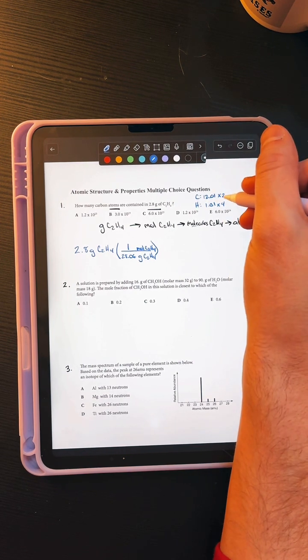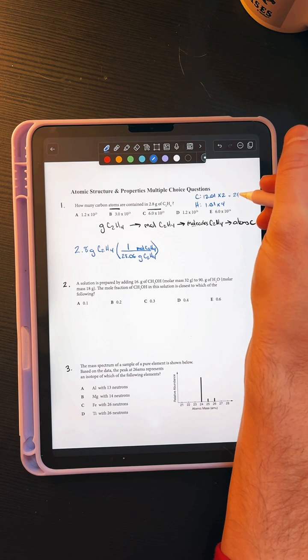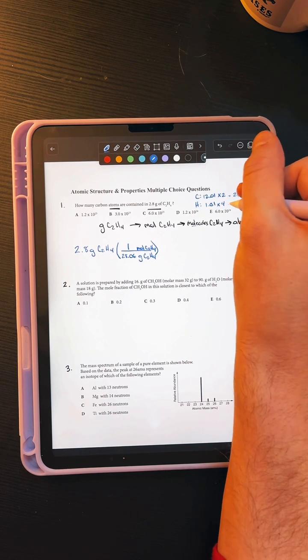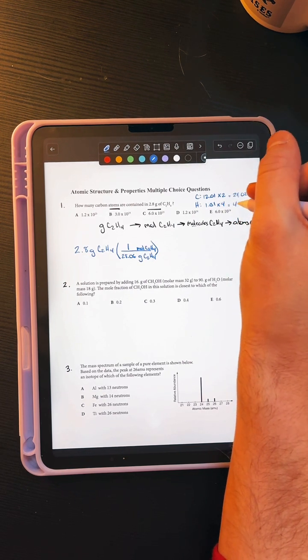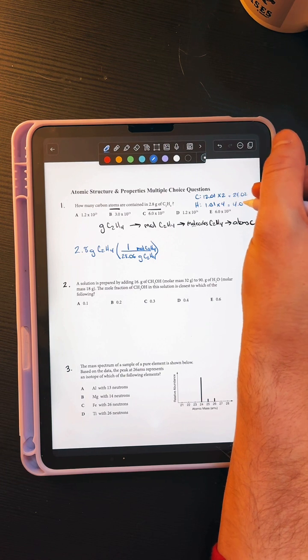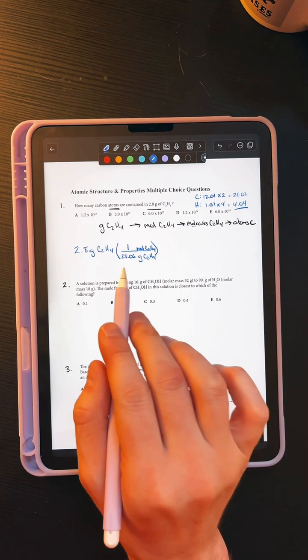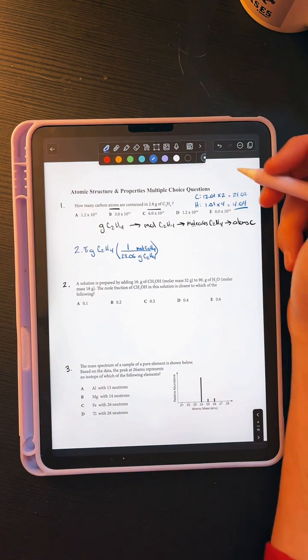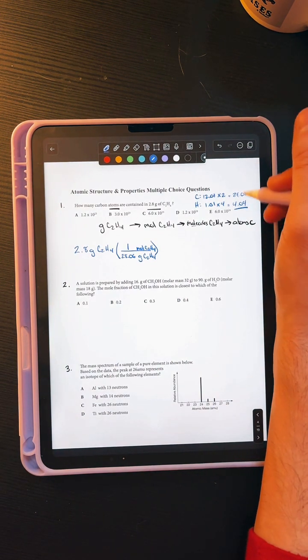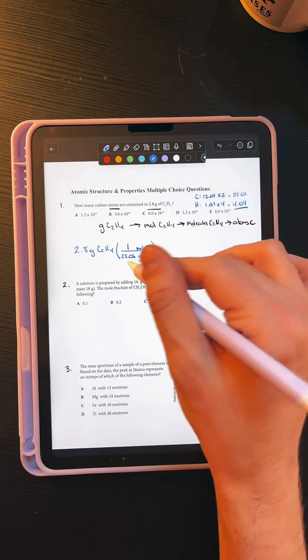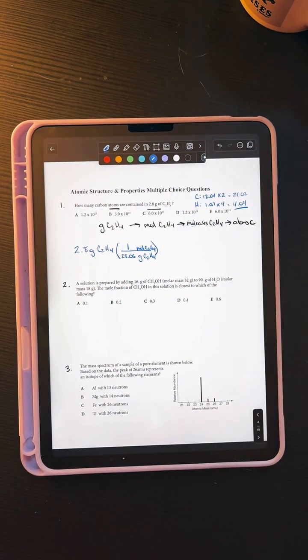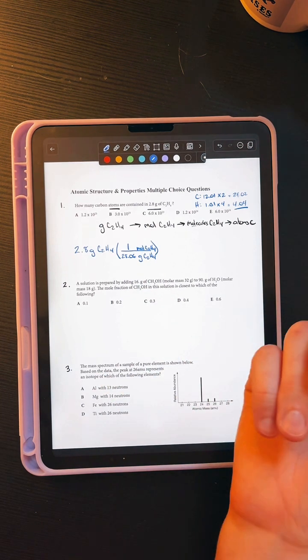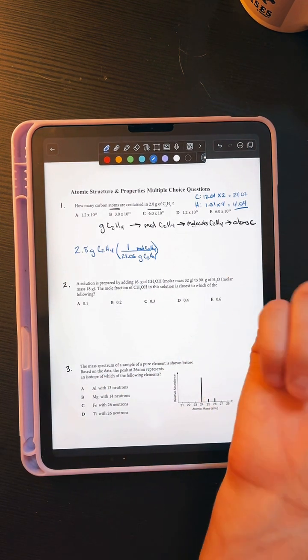So 12.01 times 2 gives us 24.02, and 1.01 times 4 gives us 4.04. When we add those up, we get 28.06. So when we find molar masses of whole things, we just add up the atoms that we have in our compound.